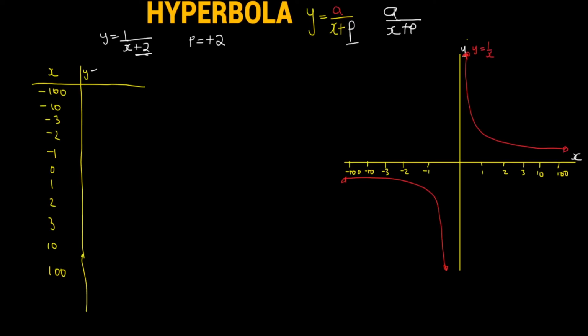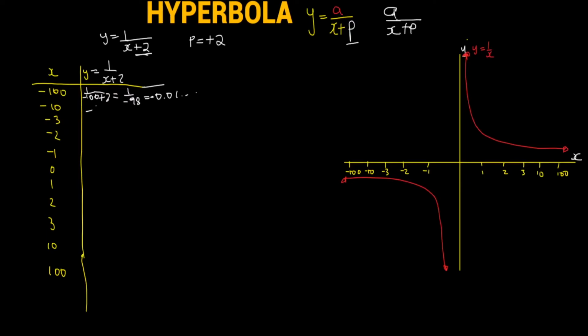We still equate the same way. Now we're going to have 1 over x plus 2. And here we'll have 1 over minus 100 plus 2. And this will be 1 over minus 98, which is still close to 0.01 something there.